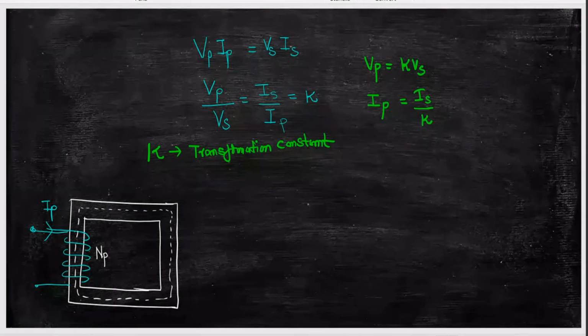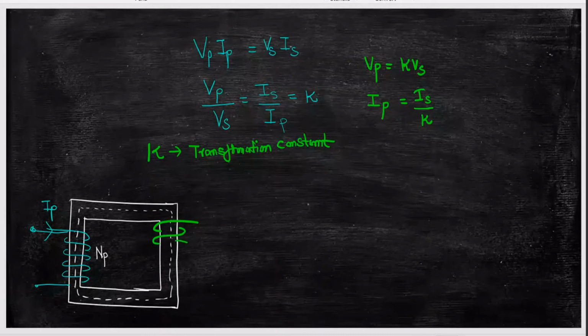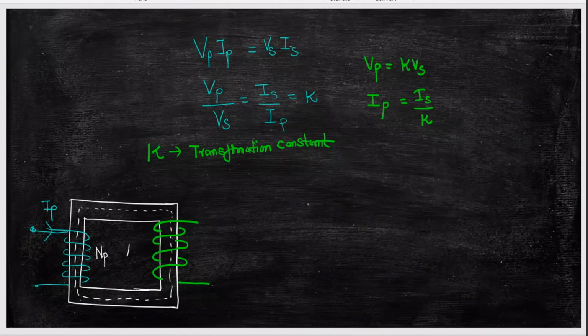And similarly, on the secondary side, let me wind it for N2 number of turns, or NS. So NS is not equal to NP.